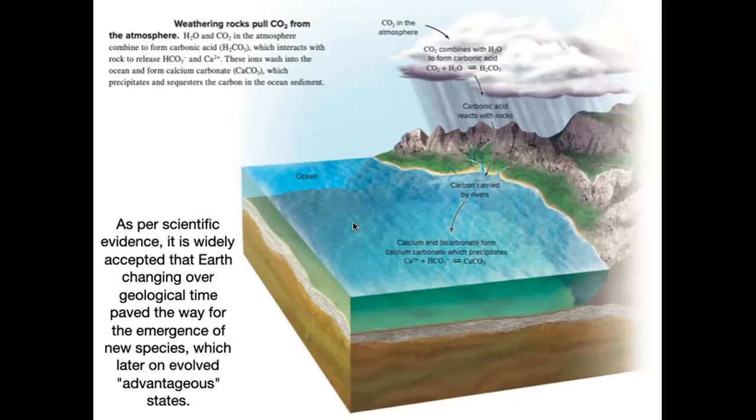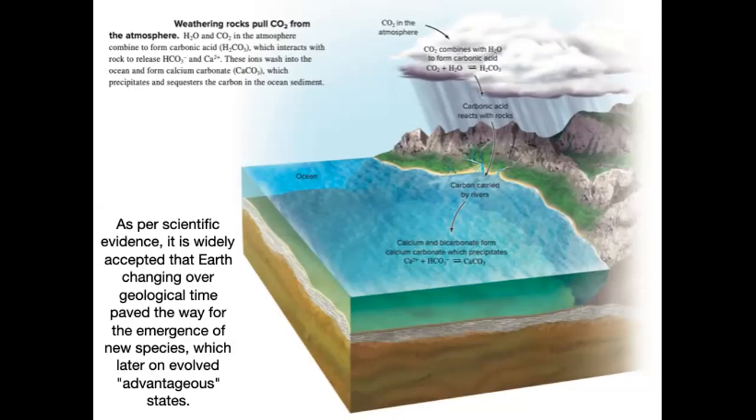So later on over time, because the conditions in the environment in which they thrive are different, they also develop advantageous states that make them more capable of thriving in these new environments. That's all that is being said here. Okay? It's actually a microcosm of the Earth changing over geological time. And this may have been one of the strongest evidences as to why there is a diversity of life on Earth. And we can now see the various life forms that we see today.